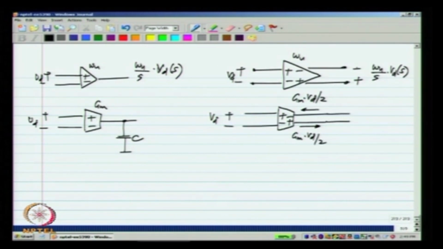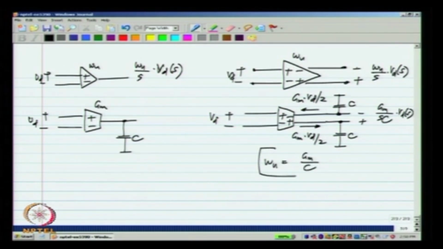Okay. And you pass each of these currents through capacitors C, then the output voltage will be Gm by Sc times Vd of S. Of course, the unity gain frequency of this op amp is Gm by C. Okay.